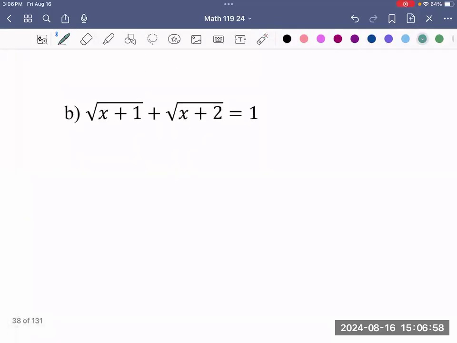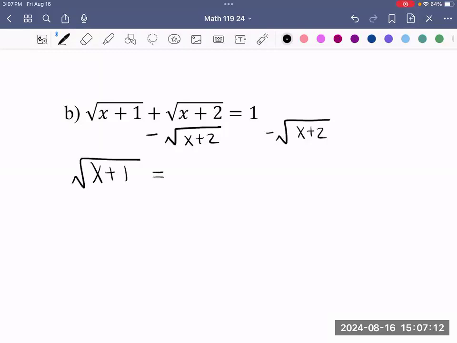You typically just need to bring one of them over. So let's just subtract the second one over to the other side. So you're left with x plus 1 under a square root is equal to 1 minus the square root of x plus 2.